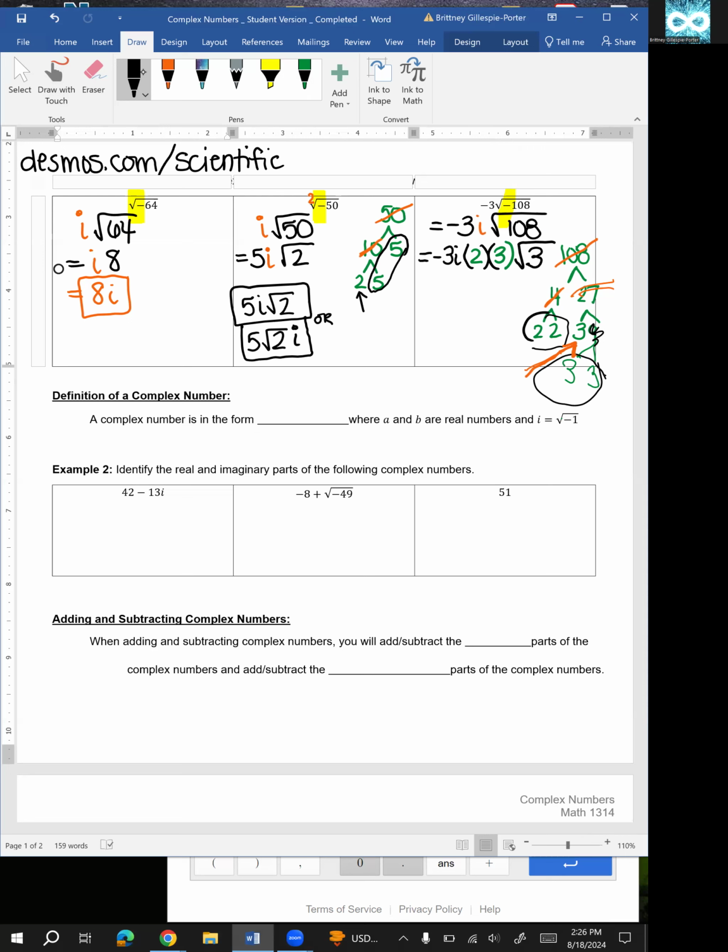So we're going to take -3 times 2 times 3, and we should get -18i. And then we have our square root of 3. So our answer, we're going to write it either -18i root 3 or -18 square root of 3 times i, where the i is most definitely not under the radical.